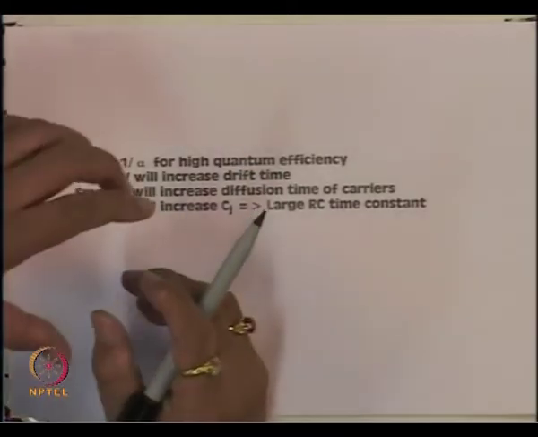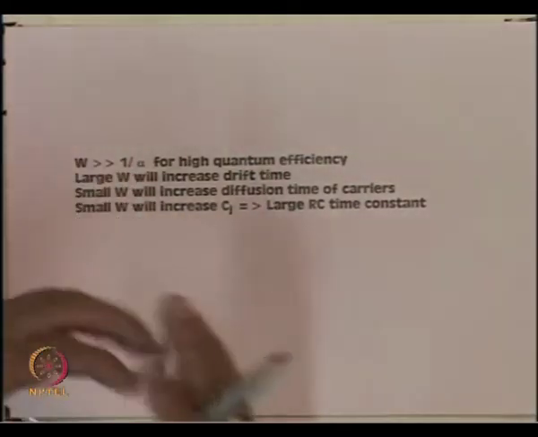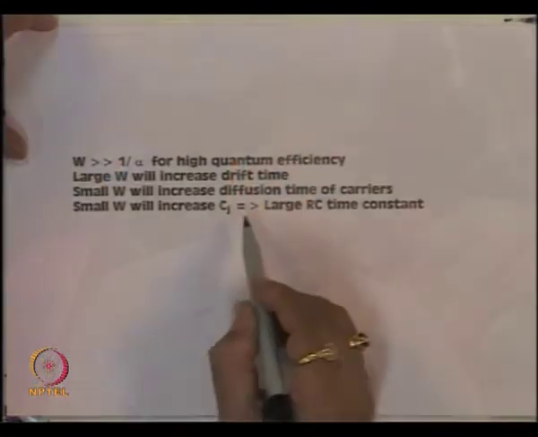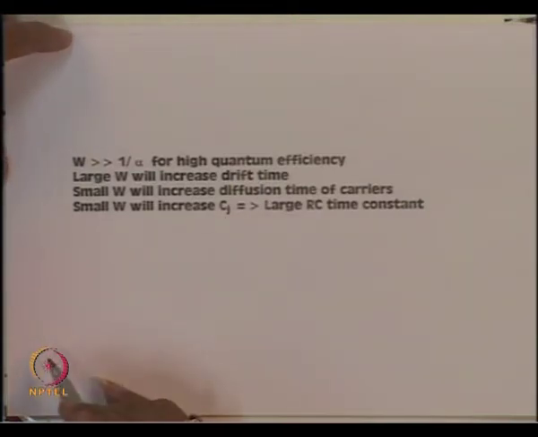So, in the choice of W, we have contradictory requirements. A larger value of W will increase the absorption of the photons, so the efficiency will increase, but it will also increase the transit time, whereas a smaller value of W will reduce the efficiency, and at the same time will also increase the diffusion current, which will again reduce the cutoff frequency. Also, a small value of W will increase the junction capacitance, which will increase the RC time constant.